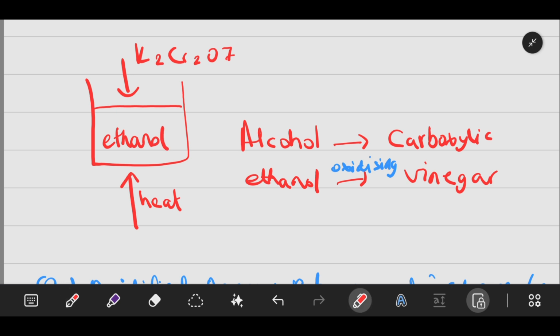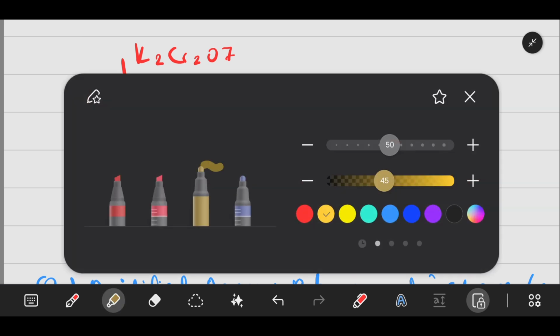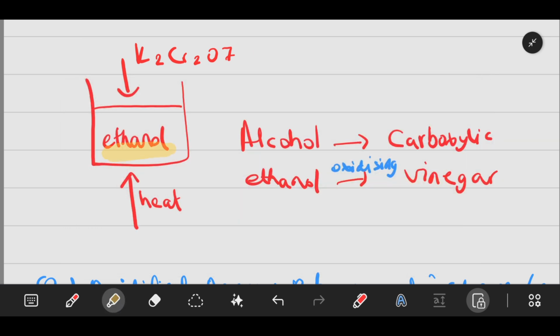So when I add K2Cr2O7, the initial color of this particular reaction will be orange, okay? Because ethanol is again transparent, and if you add the oxidizing agent, it will become orange. Now when I heat this, chromium is going to be reduced, and at the same time it is going to oxidize the ethanol, hence converting it into vinegar.